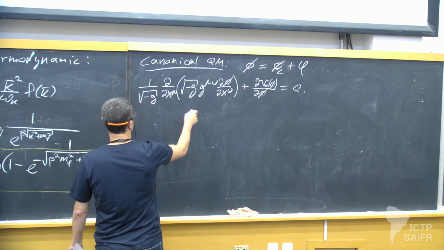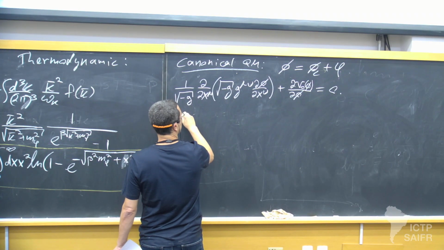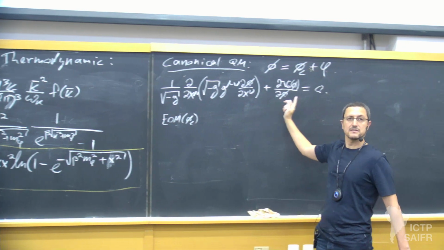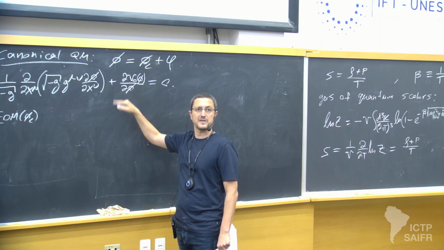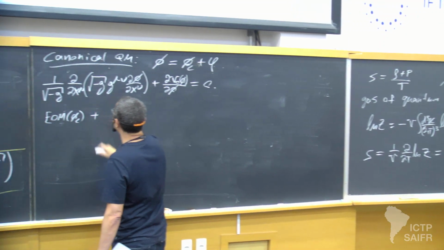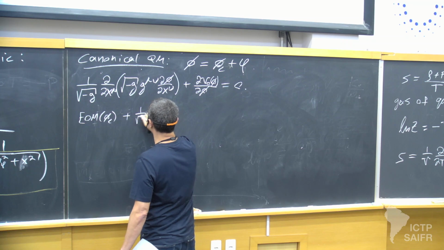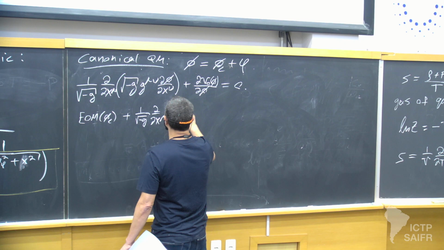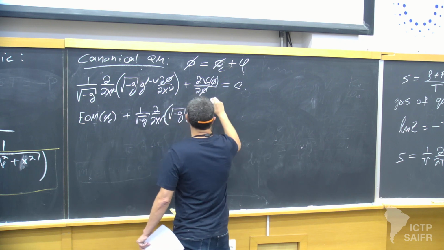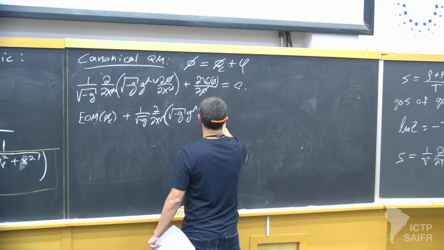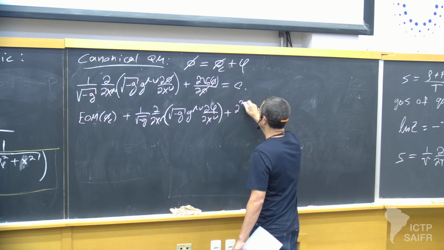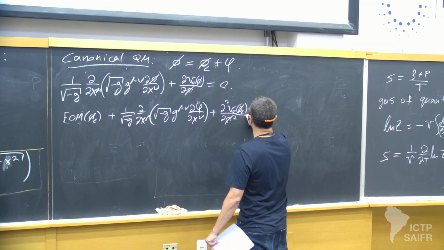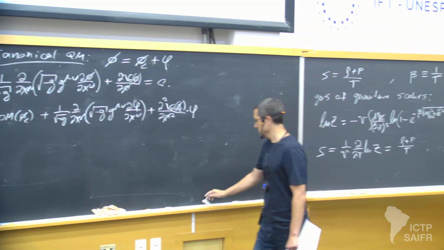So if I expand, I have the equation of motion of phi_c, just copy-pasting this equation of motion and plugging phi_c inside, of course, plus the derivative term for varphi.